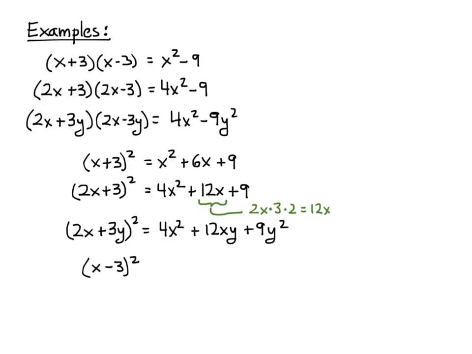Okay, so the special forms with a difference between 2 numbers squared. We have the same thing. The outer terms are going to be the outer terms squared, so we have an x squared and a 9. And then the middle term is going to be, I should say, 2 times -3 times x, which will give us -6x.